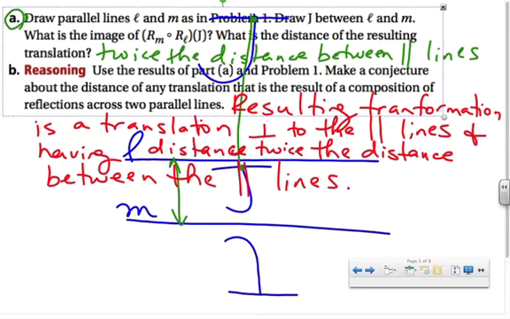And I know some stuff kind of overlapped here. I hope you were following along.